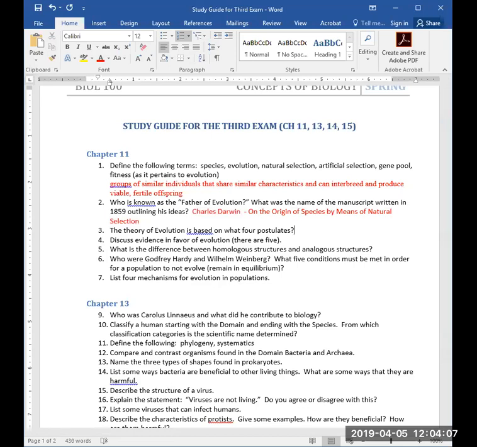So here we go. What are the four postulates that this theory is based on? From the notes, the first thing is that individuals within a population, and remember, a population is the same species, same place, same time, that live together, have to have certain characteristics in order for evolution to occur.